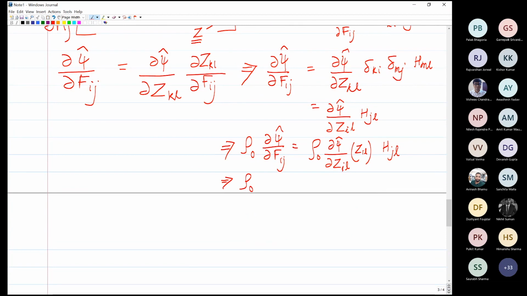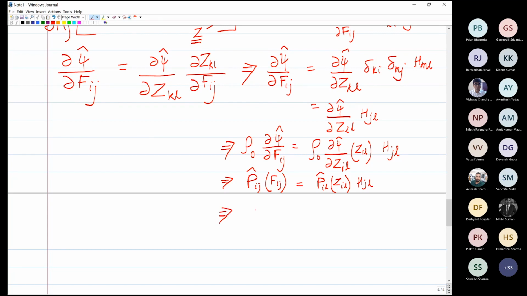But then del psi hat by del F is like the Piola-Kirchhoff response function, no? So this whole thing you can write as P hat ij evaluated at Fij. And on the right hand side is the Piola function P hat il evaluated at Zil. But you see it's the same function, because the derivative of psi hat has to give you the Piola-Kirchhoff stress tensor, times Hjl.